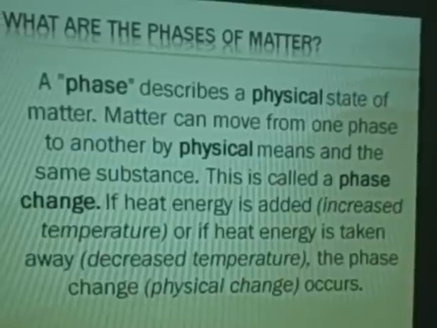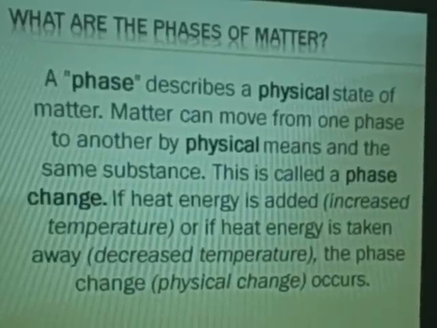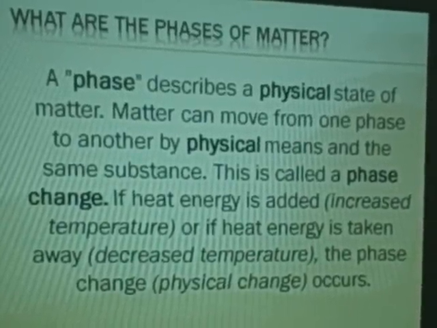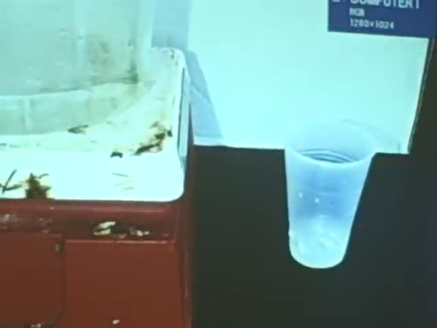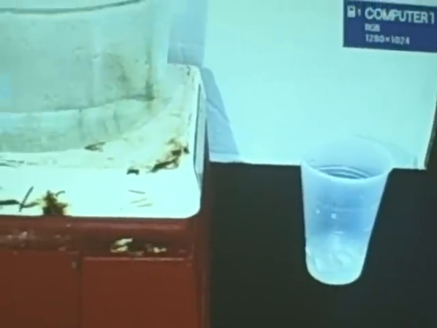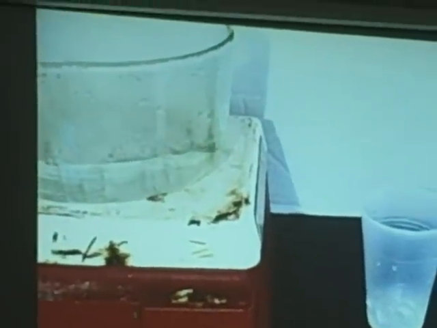Well, remember back at the beginning, we had water, and we were seeing if a phase change would occur. Hold on one second, and here we go. While we were talking, our liquid is turning to a gas.